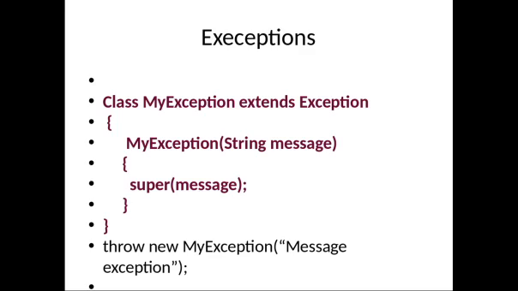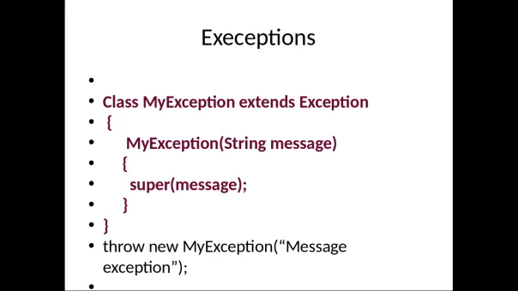Now the question arises: how will I handle or catch those exceptions? I will use the keyword throw. Inside my program, whenever I think there will be some error, suppose a file handling issue or some operation, there may be several issues.